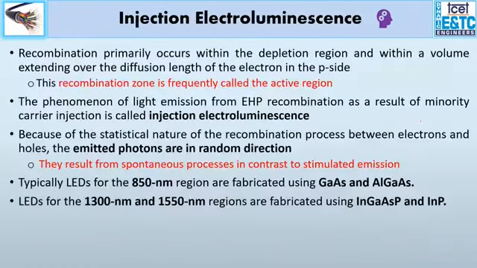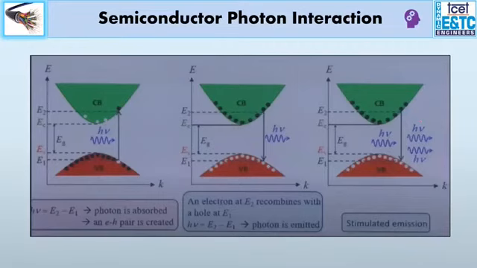Okay, so this band also I explained. Now this is the diagram which I was talking about when photon release happens. Now, in case we want a stimulated emission, what is a stimulated emission? It is a coherent output where all the photons are aligned. In that case, we need an external excitation.